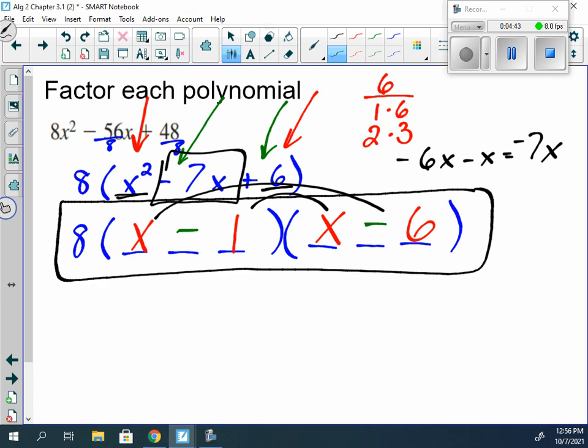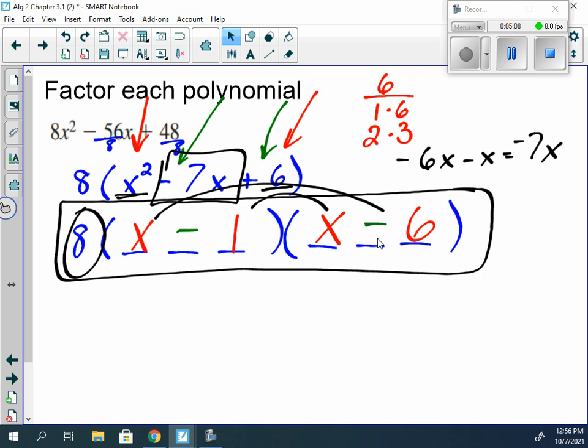Now, one thing, again, we do need to pay attention to is the fact that the 8, since it is a part of it, needs to be a part of the answer. Especially on the test, the homework is not going to be too big of a deal. There might be a few points, maybe a third.